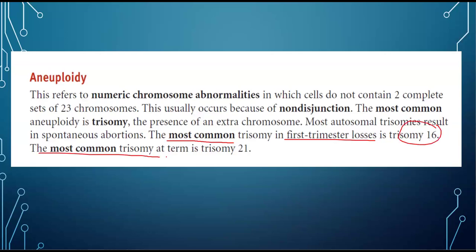And the most common trisomy at term is trisomy 21, or Down syndrome. So these are the important things. They can always ask what the most common chromosomal abnormality in a child is. At term, when the child is usually born, the most common trisomy is trisomy 21. And if they ask what the most common trisomy for first trimester pregnancy loss is, that will be trisomy 16.